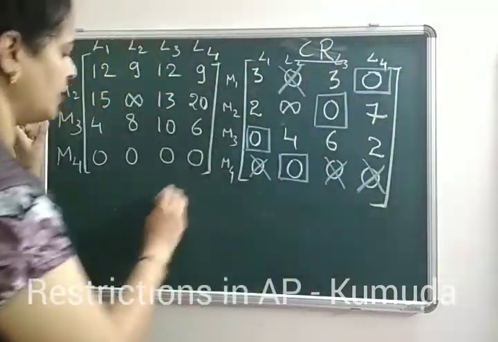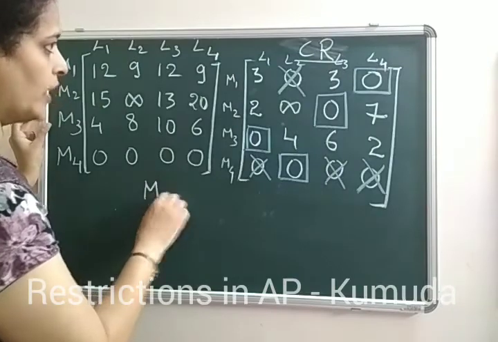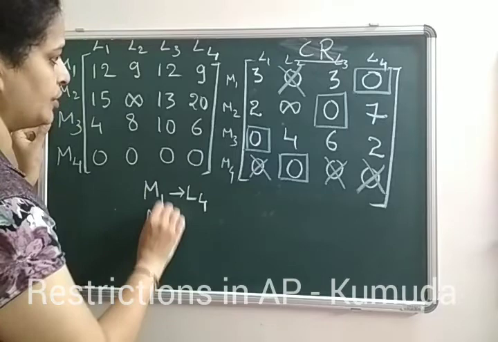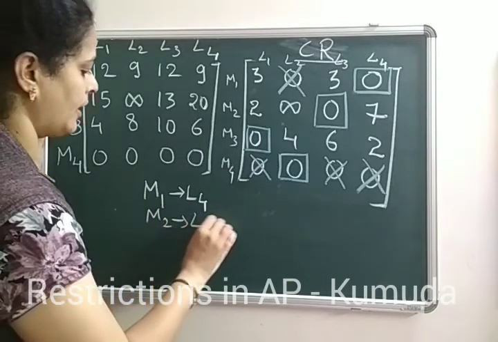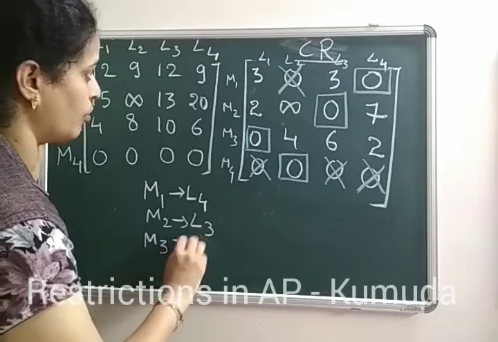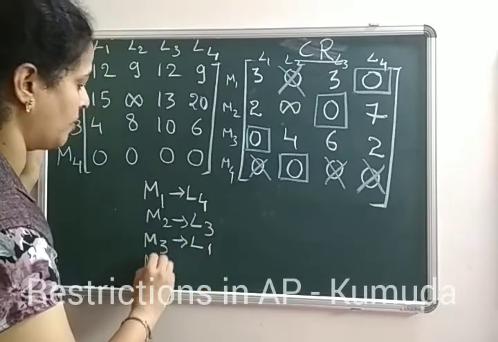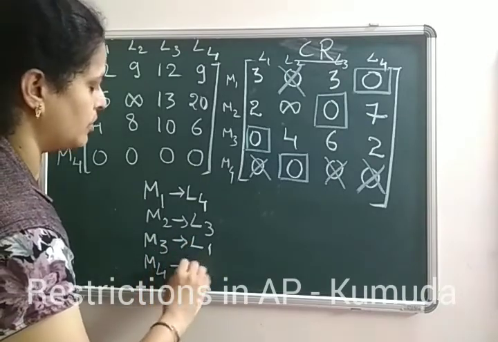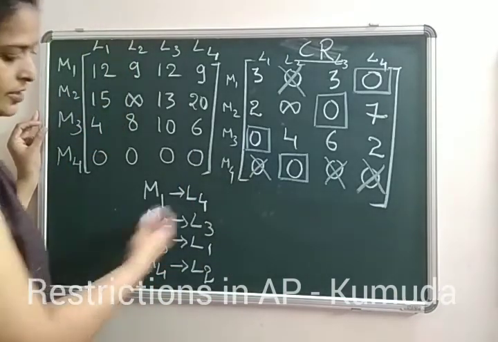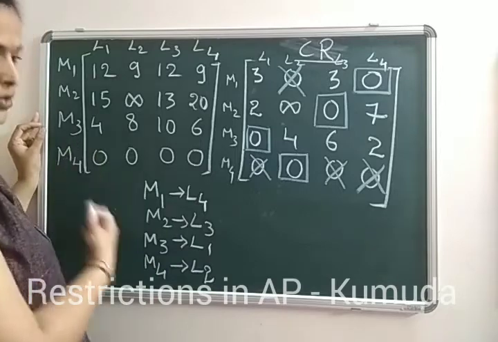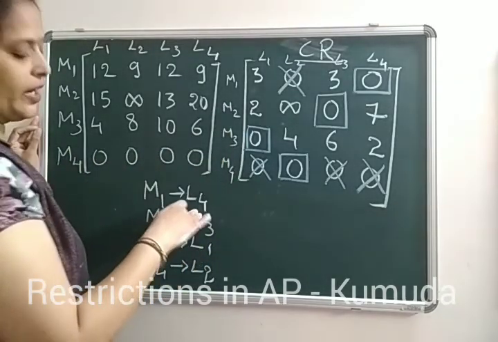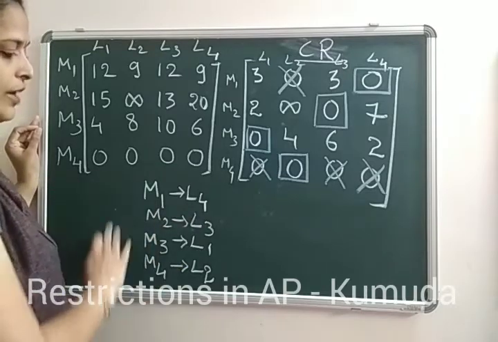Now we can see that machine 1 is well suited for area L4, machine 2 for location L3, machine 3 will go to location 1 and machine 4 should go to location L2. After performing this, we can conclude based on the actual values what the requirement is from the given question, M1 referring to L4 and M2 referring to L3.